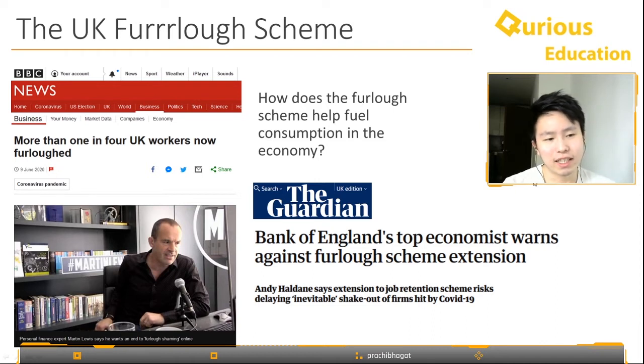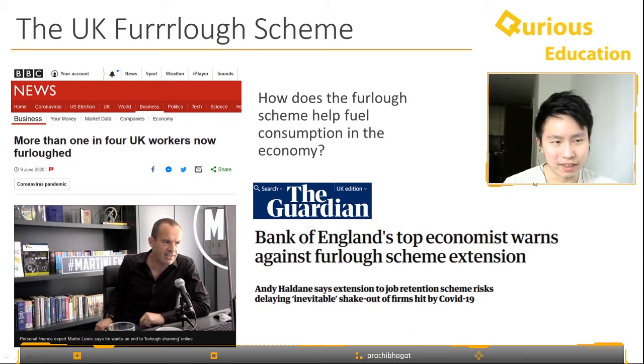So essentially, the government is spending their money to subsidize businesses in order to help them survive throughout the crisis, and they help them keep their staff. So more people would still be in their jobs instead of being unemployed.